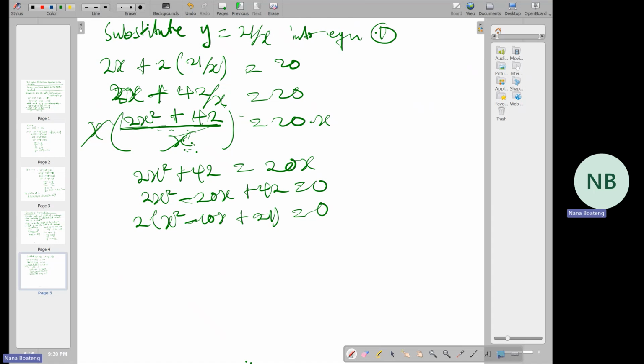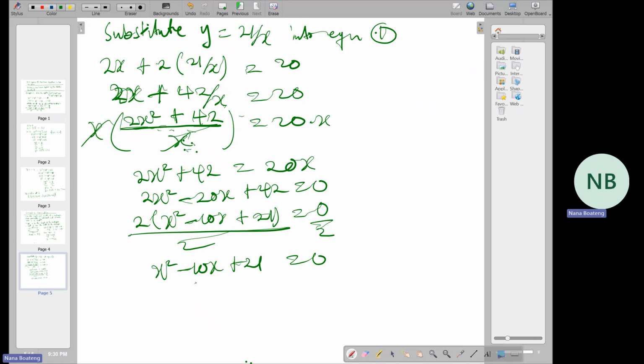So we can divide both sides by 2, and if we do that, we have x squared minus 10x plus 21 is equal to 0. So we can factorize this quadratic equation.